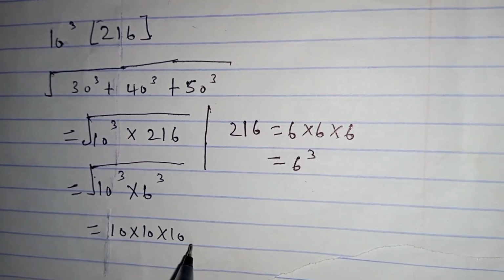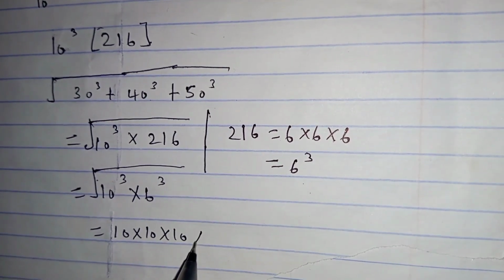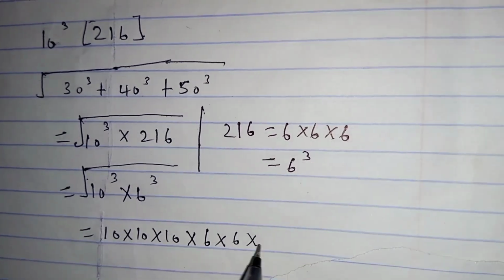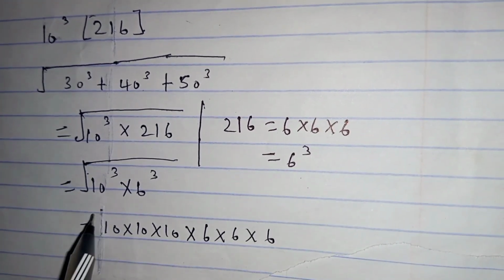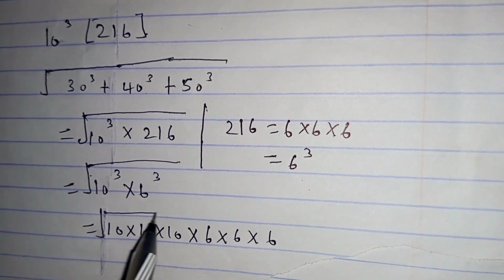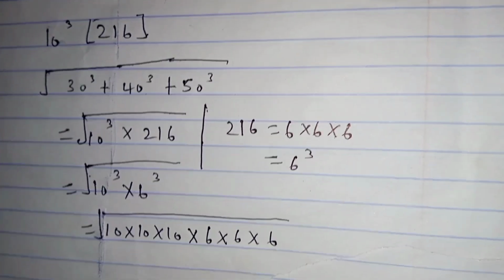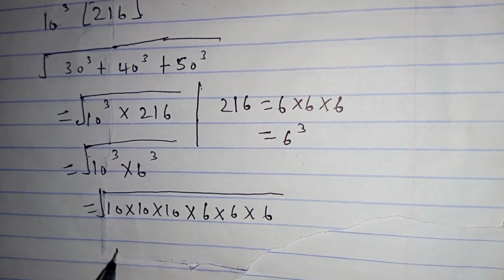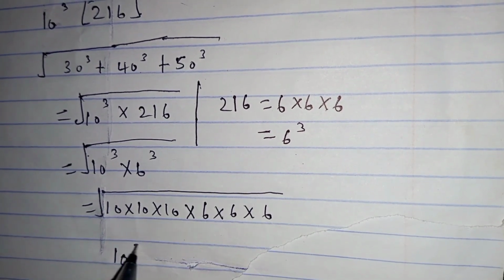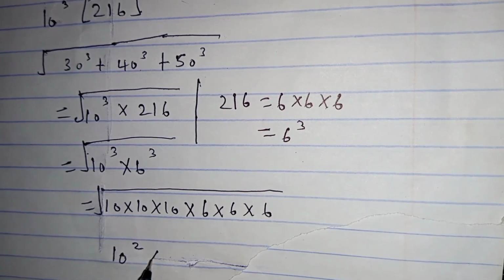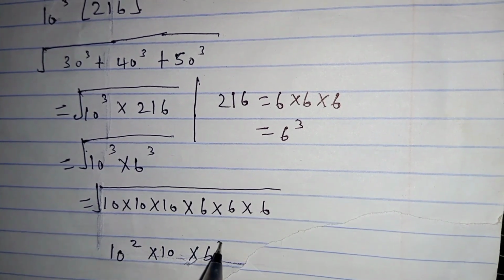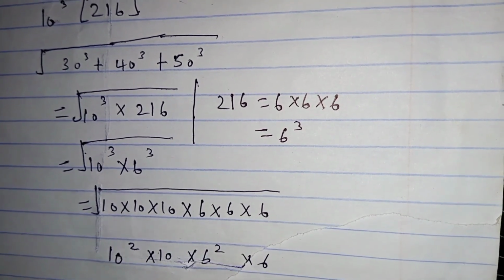So 10 cubed means you multiply 10 by itself 3 times, 6 times 6 times 6, everything you take the square root. Now, 10 times 10 we can write as 10 squared times 10 times 6 squared times 6.